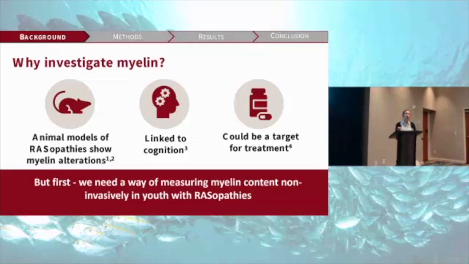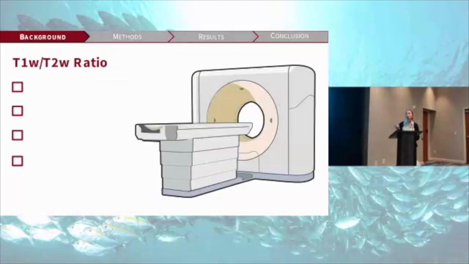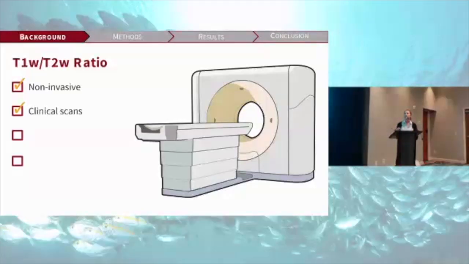So before we can jump to treatments, we first need a way of measuring myelin content in youth with RASopathies. To do that, we use the T1-T2 ratio. This approach has several benefits. First of all, it is a non-invasive MRI technique. Second, the T1-T2 ratio uses frequently collected standard clinical scans.